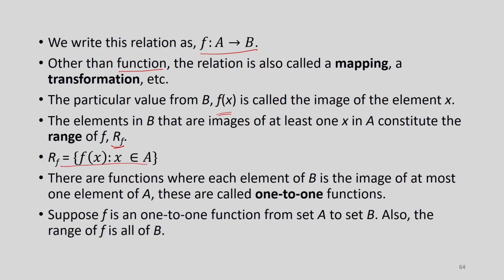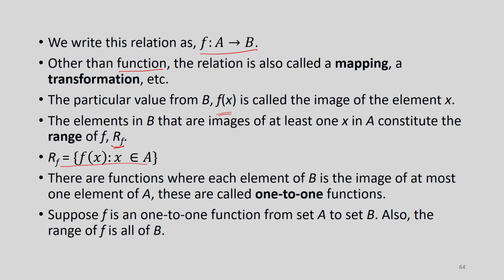So, here R_f, which is the range, consists of those values of f(x) such that x is an element of A. So, R_f consists of only those elements of B which are images of the elements of A. All elements of B may not be inside the range, some of them could be left out.